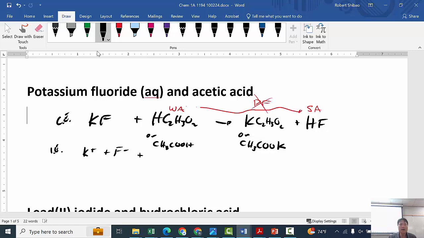Does acetic acid ionize? So this was another mistake that I saw. Some people ionized it, but you shouldn't ionize it because, why? It's a weak acid.